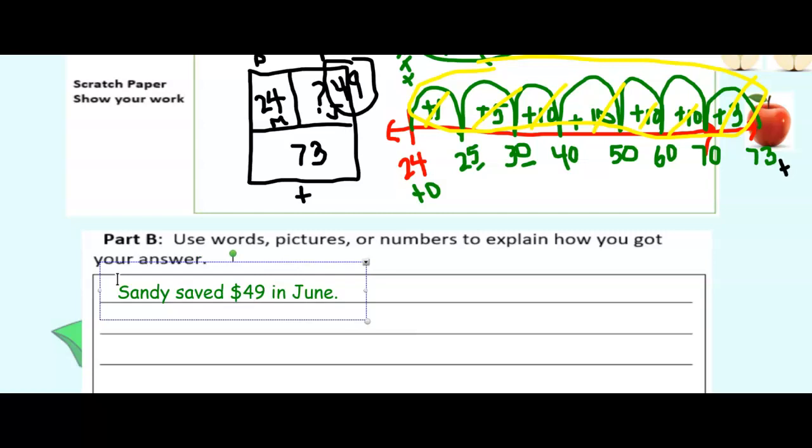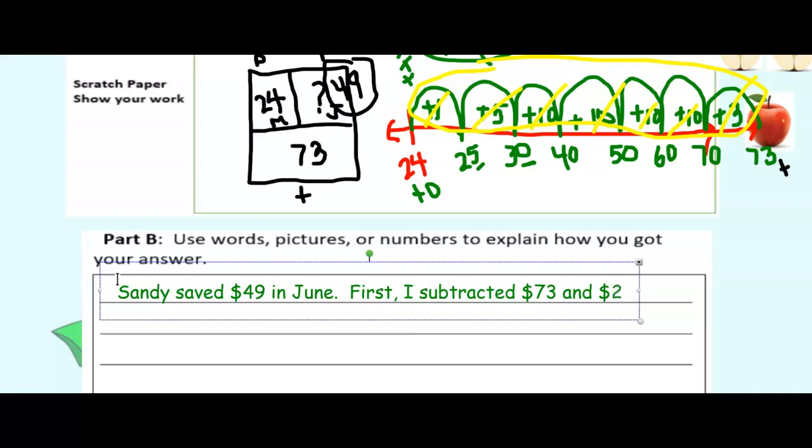Okay, what did we do first? First, comma, I subtracted 73 and 24. And let's add in those dollar signs. $73 and $24. Great job, boys and girls.